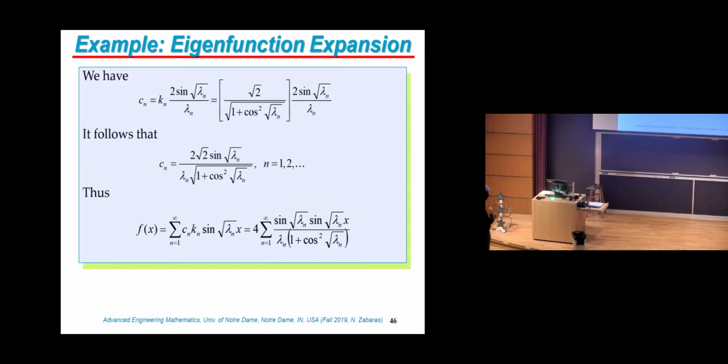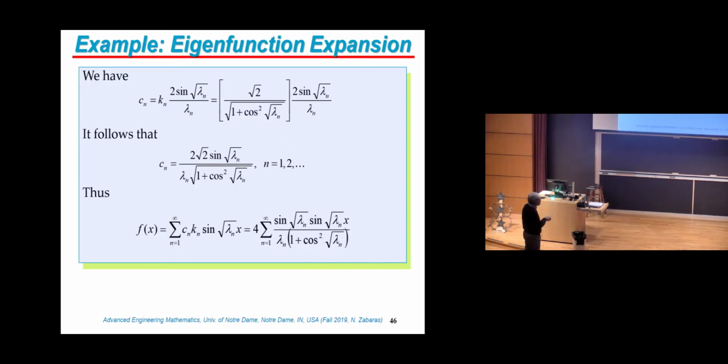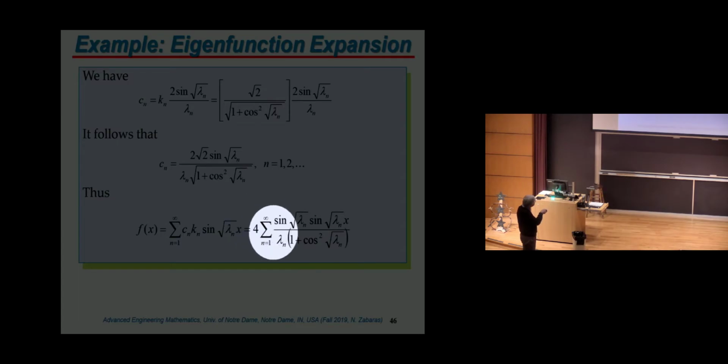Now, you know what will be of interest? If I tell you in an exam, for example, prove that this series is equal to x. Don't you think it has to be equal to x? I mean, we started with x, we derived this, but it has to be a unique representation, right? We wrote x with this series.